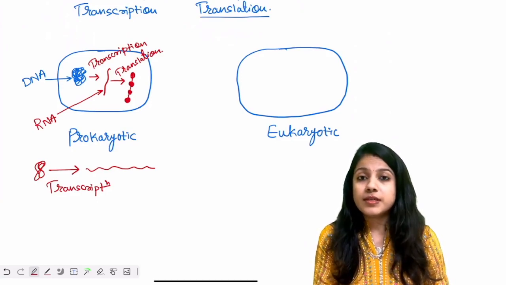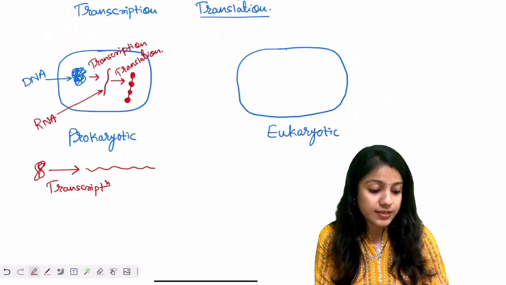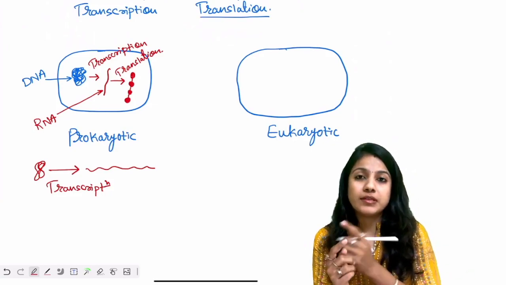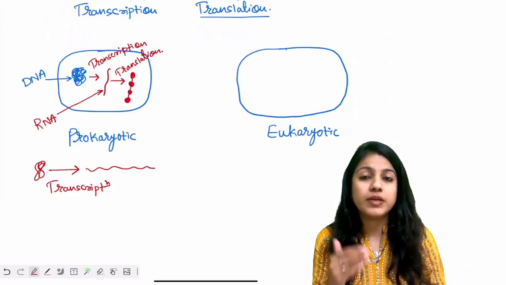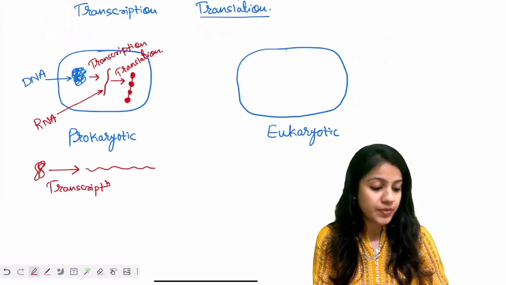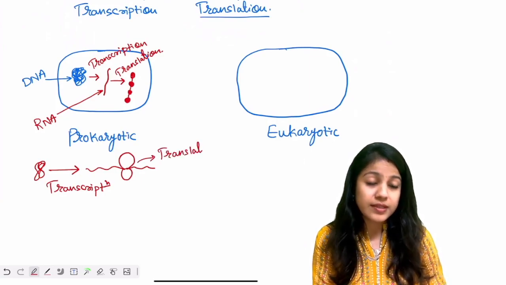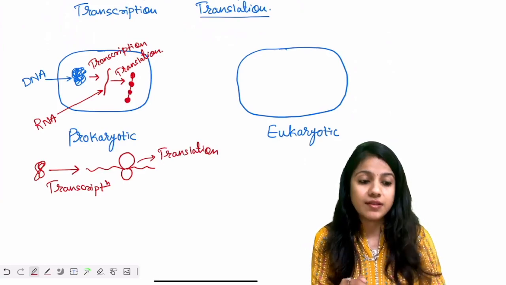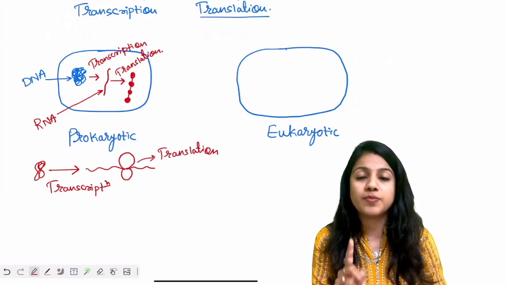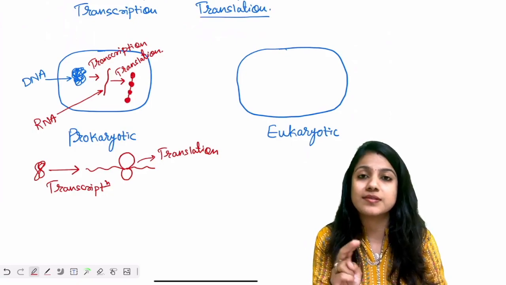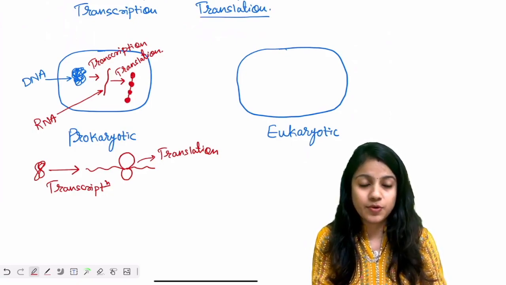There is a possibility, or mostly it happens, that this RNA which is being formed is not completely formed. It is under the process of formation. And simultaneously, it is helping in the formation of proteins also. That means here, the translation process is also happening. That is possible only when there is no nucleus, only cytoplasm. That means both processes are happening in the cytoplasm, right?